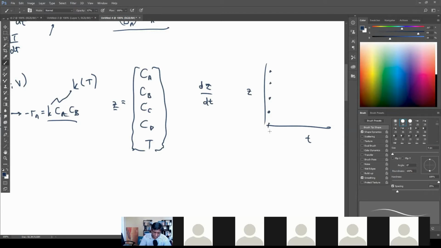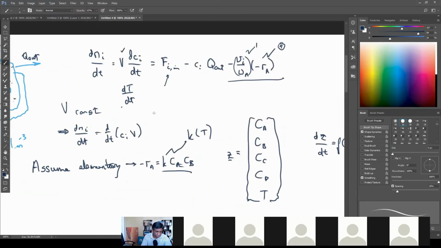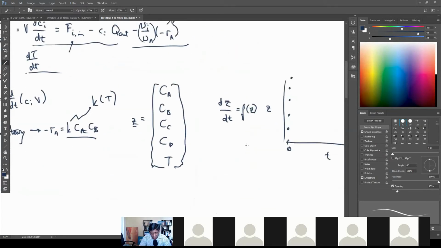So at t equals 0, there are 5, right? We know the initial concentrations, we know the initial temperature. So we have numbers for all these. And now these things are changing with time according to these differential equations. So we have differential equations, dc dt, we've got dT dt.